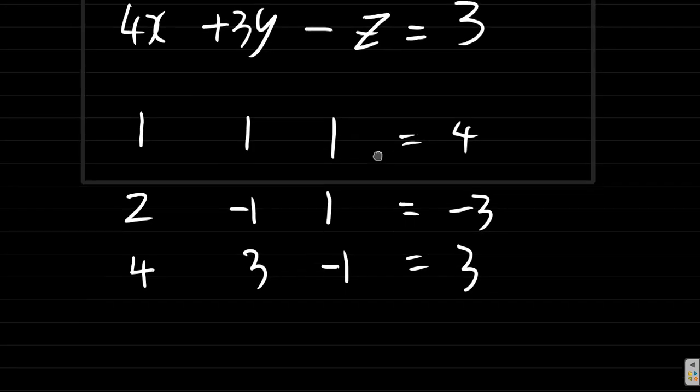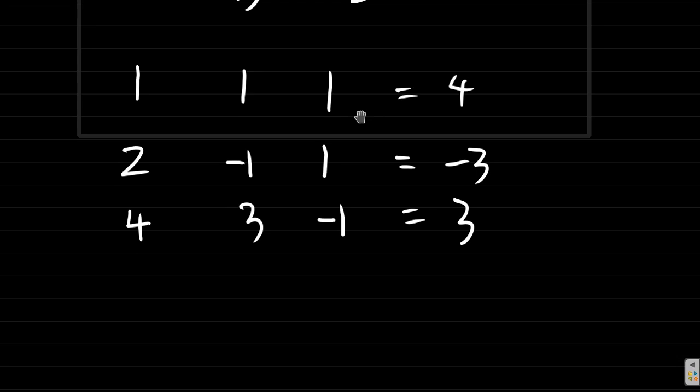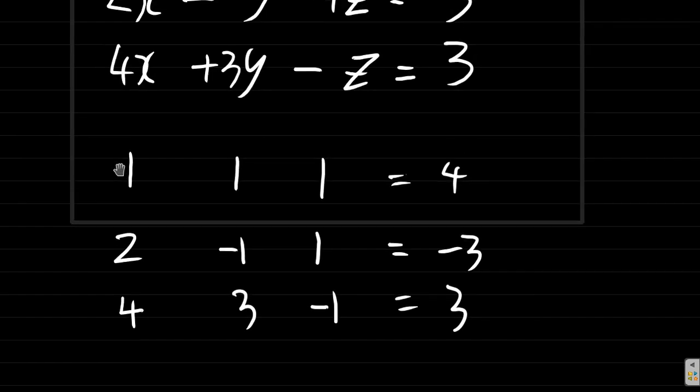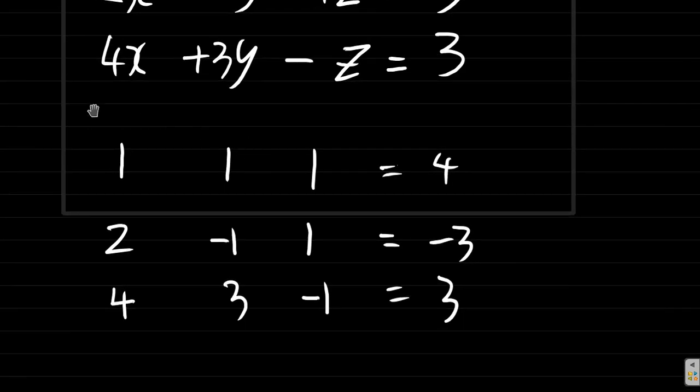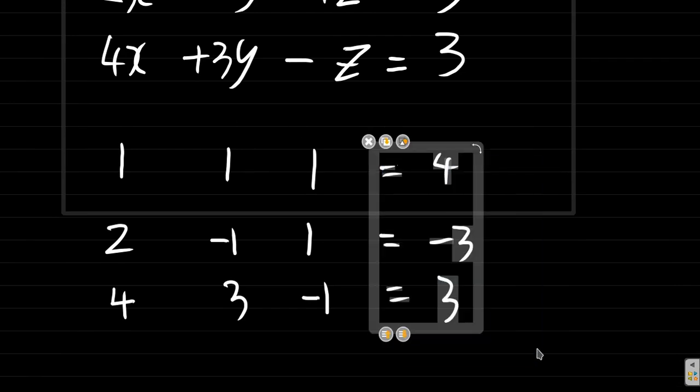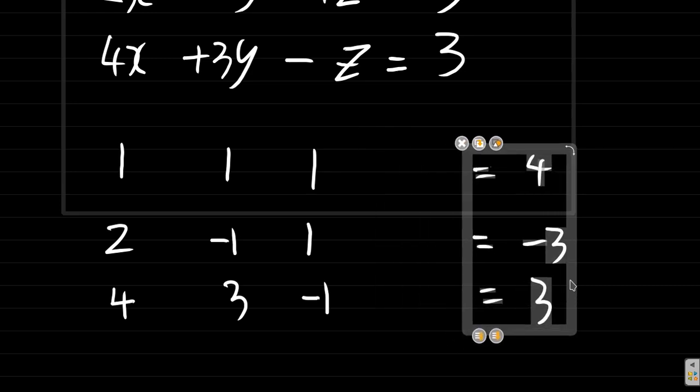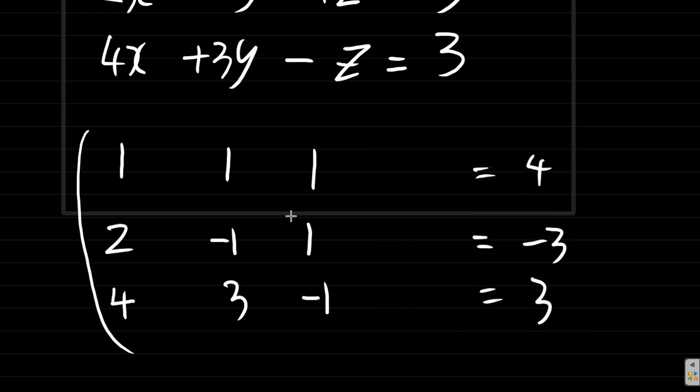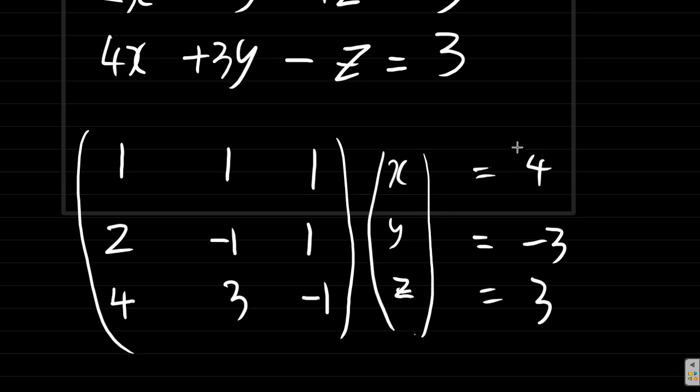Then you write it in augmented matrix form. Remember, you could have written it like this first, where you have these in brackets, just like when you're doing the inverse matrix method. You could have had it like this, no problem. One equal sign would be here.